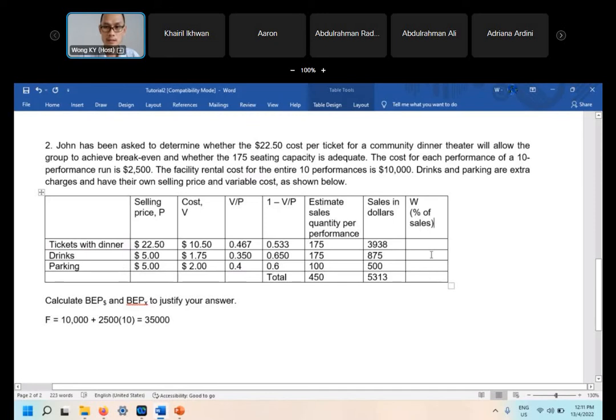So 3938 divided by 5313, you will get 0.741. 875 divided by 5313, you get 0.165. And 500 divided by the total equals 0.094. And as I said before, the summation of the weightage must be equal to 1. Percentage must be 100%, so must be 1.